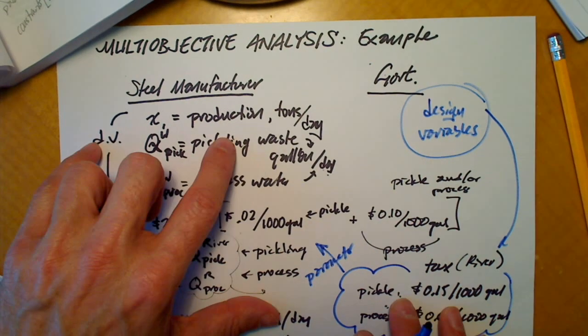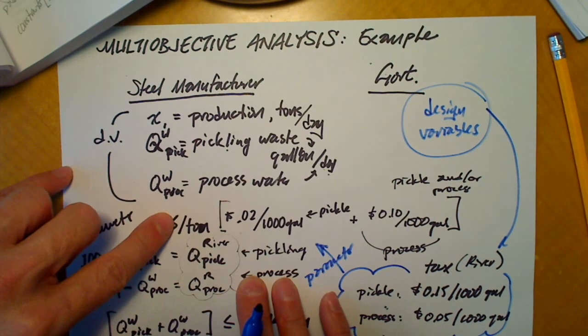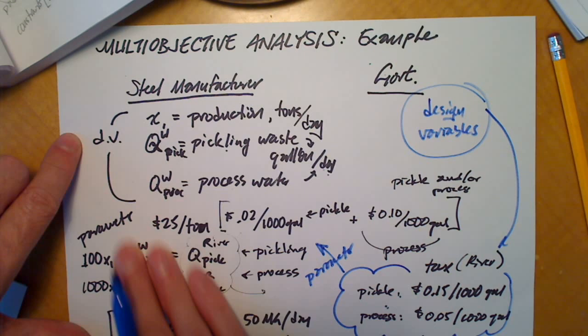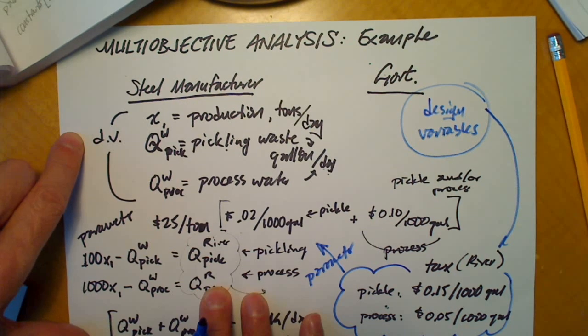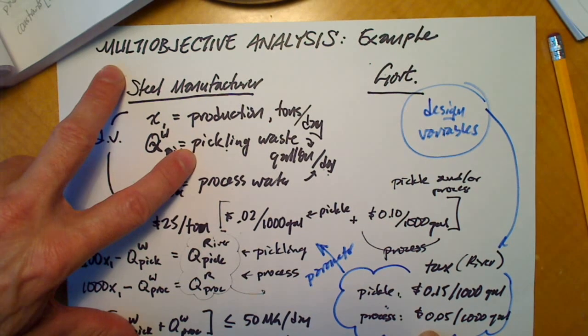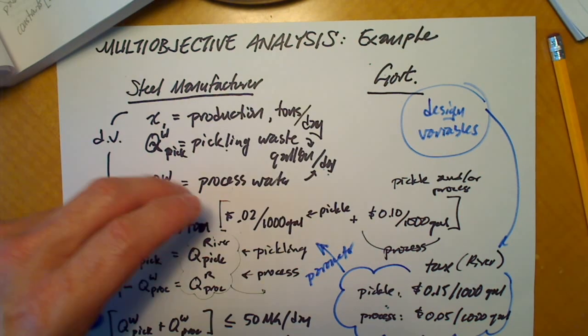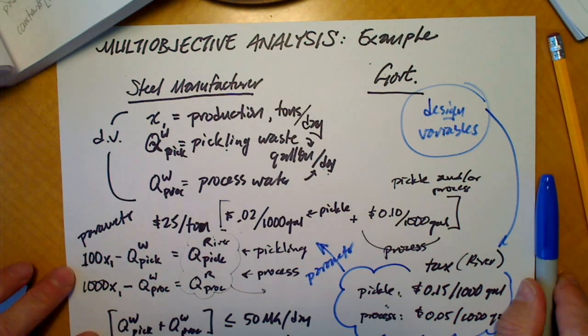In this two-player game, the government would first choose their taxes, and then the steel manufacturer would re-optimize their model to respond to whatever the changing taxes are. It gets really interesting when we start doing a sensitivity analysis. I'll show you that in the next video.